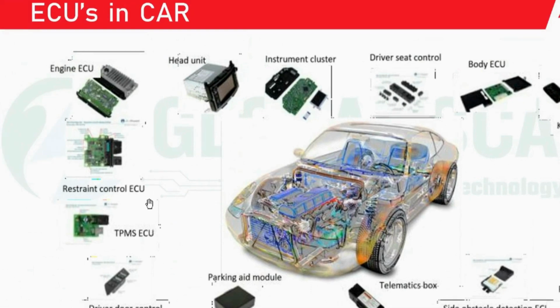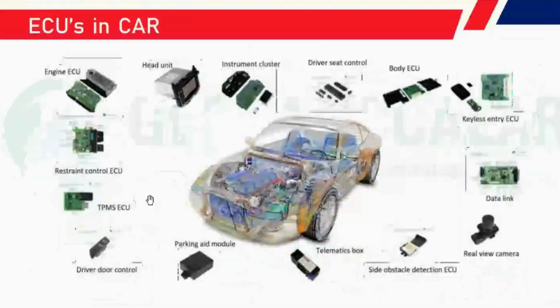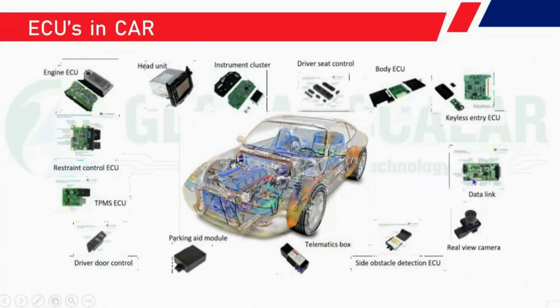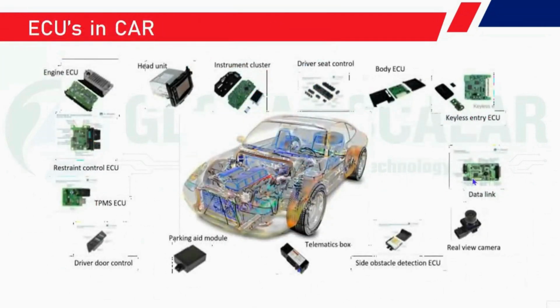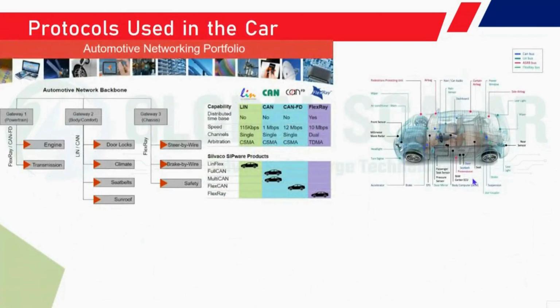So these are some examples of the ECUs, which are essential for the vehicles to manage the data, to protect the passengers or the drivers in the vehicle, and for the comfort of the passengers and the driver seats.